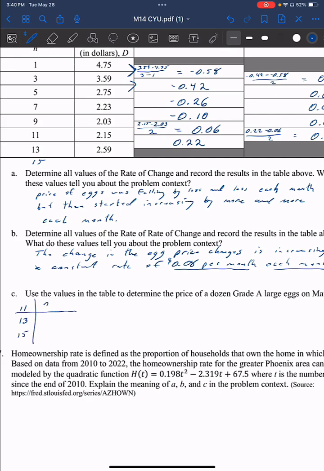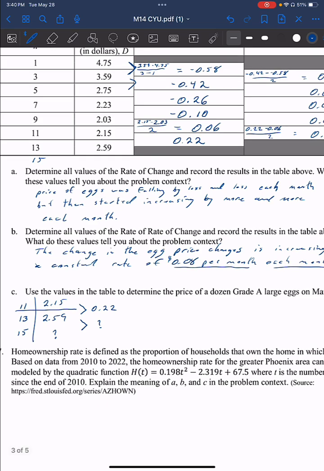And there's $2.15 here, $2.59 in January. We're looking for how much it is in March. I know that the difference here is 22 cents. If I only knew this difference here, I could use that to determine the unknown value for March.